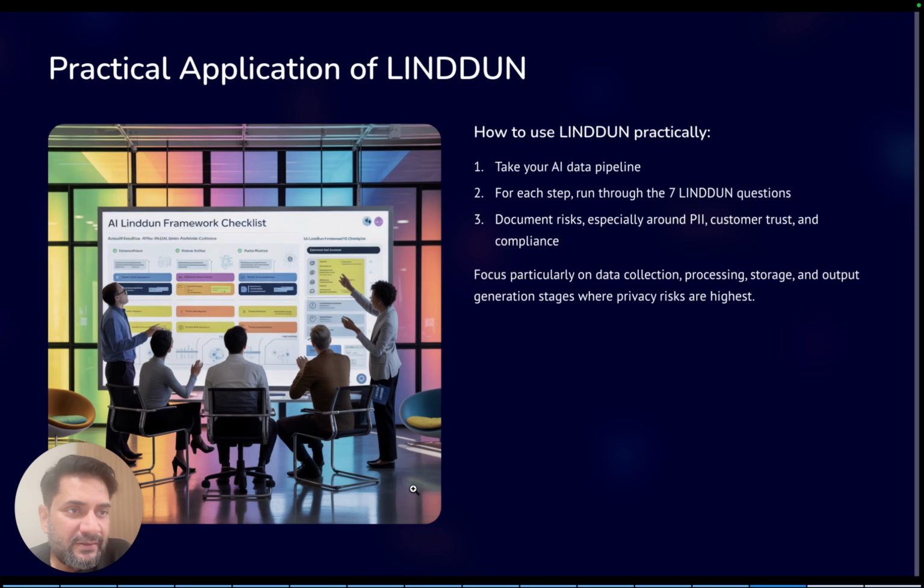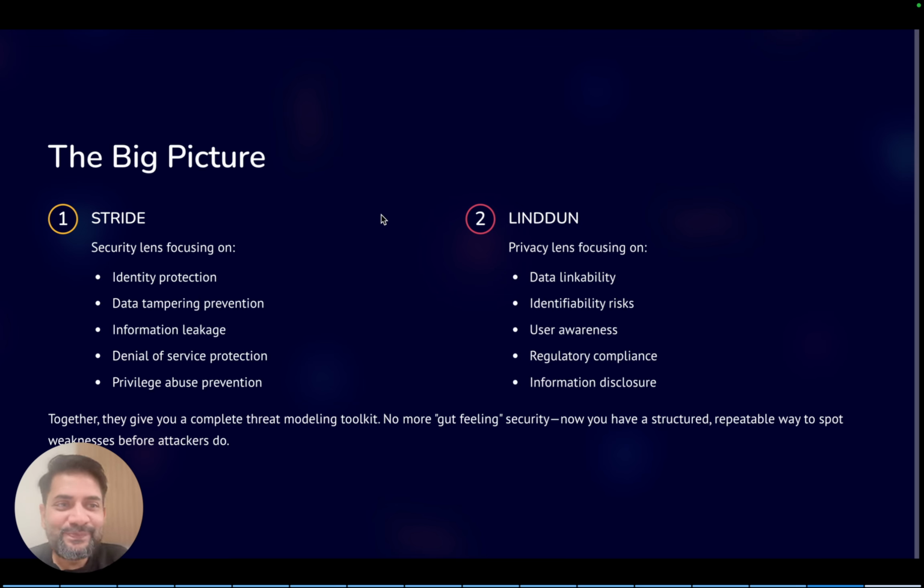How to use LINDDUN practically? Take your AI data pipeline. For each step, run through the 7 LINDDUN questions. Document risks, especially around PII, customer trust, and compliance. So, here is the big picture. STRIDE helps you look at AI systems through a security lens.